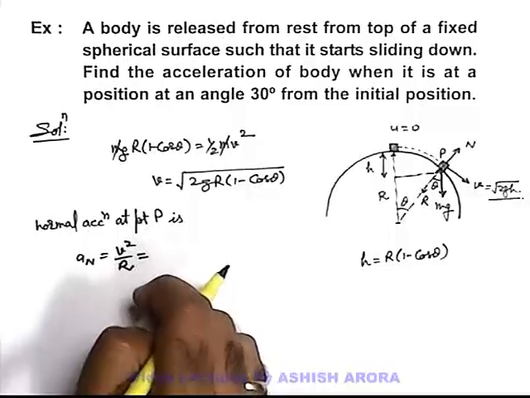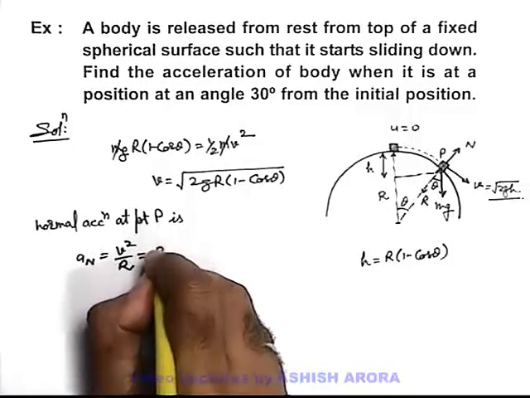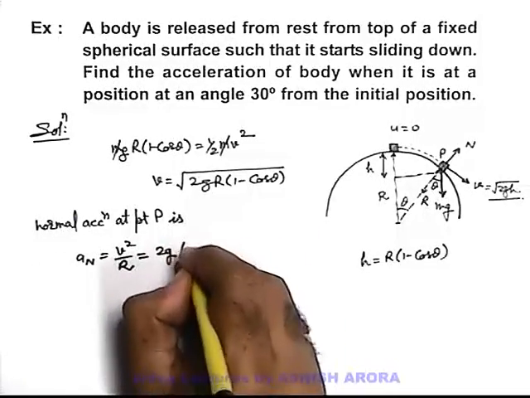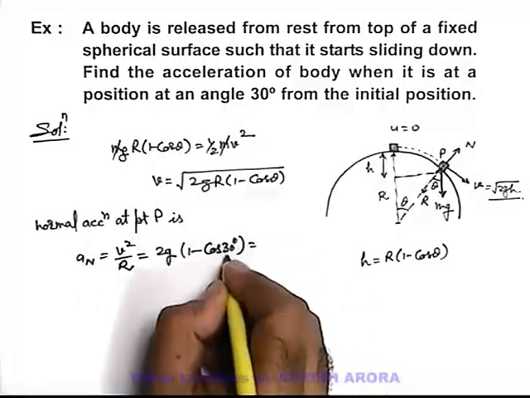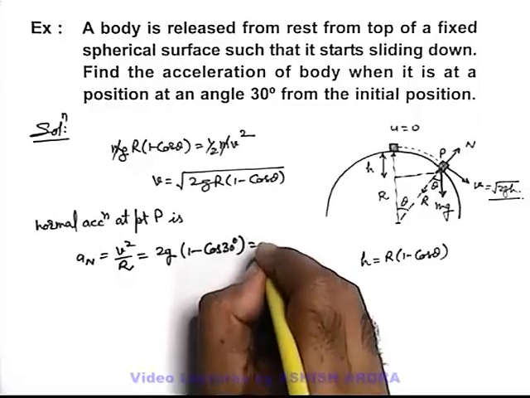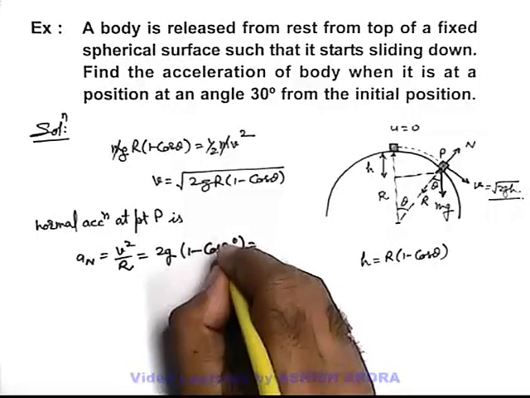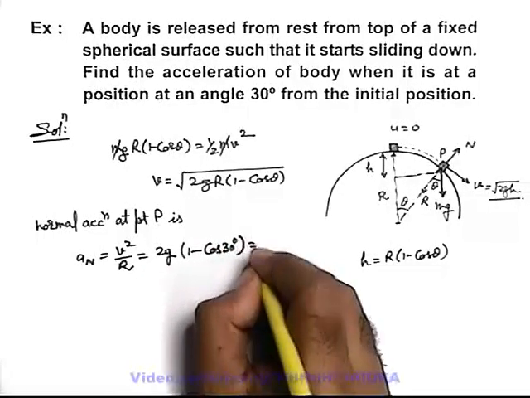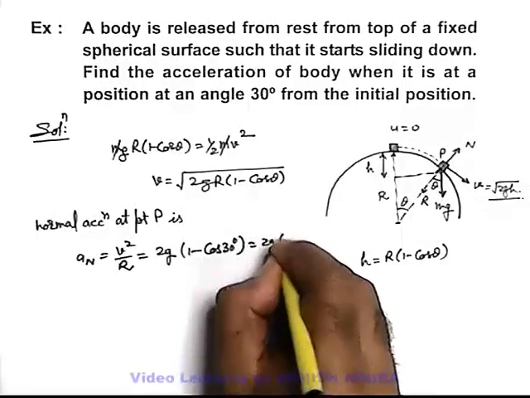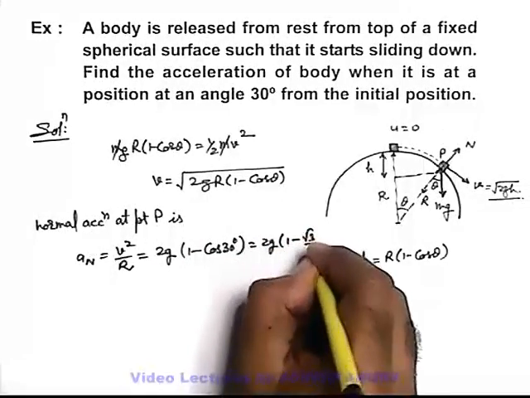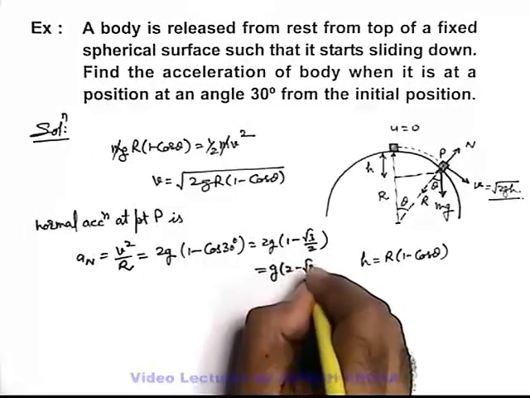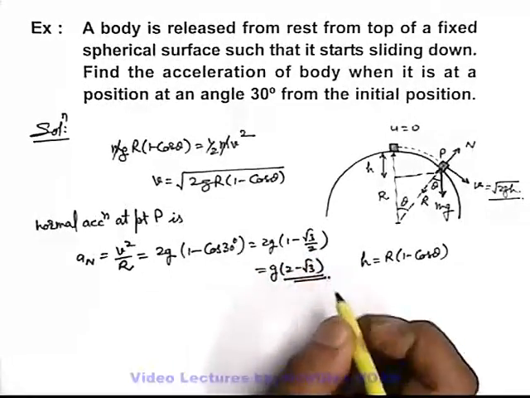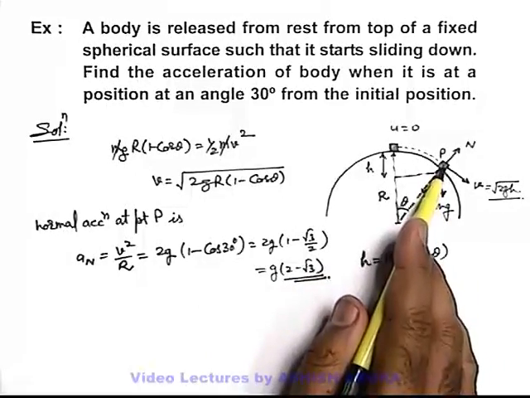On substituting the values, we get 2g, r gets cancelled out, it is 1 minus cos 30 degrees. Cos 30 we can write as root 3 by 2. So this can be written as 2g into 1 minus root 3 by 2, which can be written as g into 2 minus root 3. This is the normal acceleration of the body at point P.